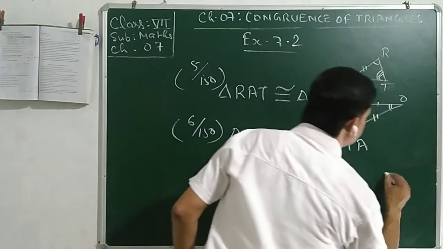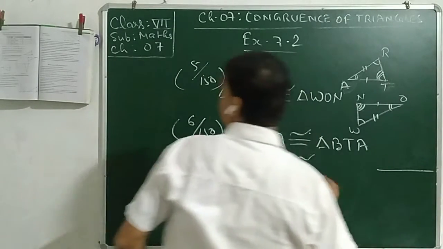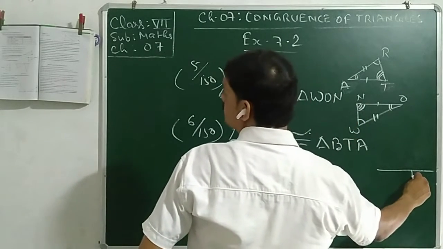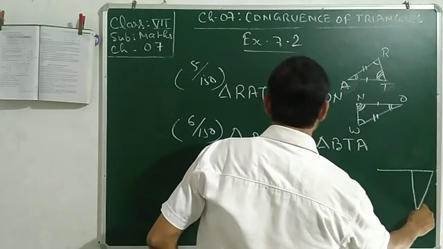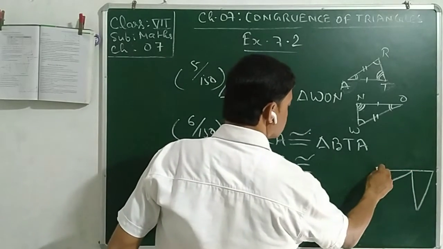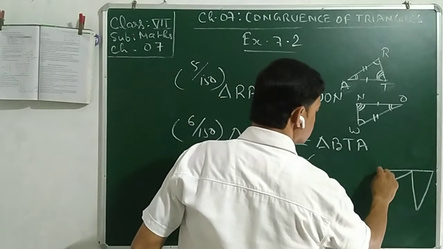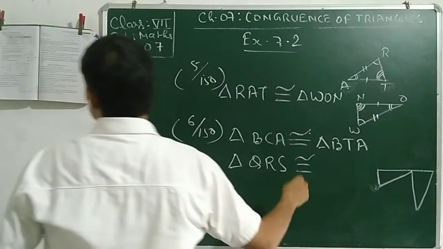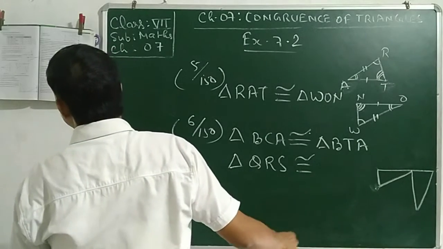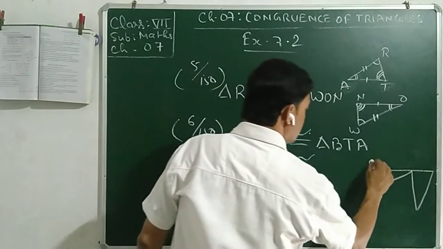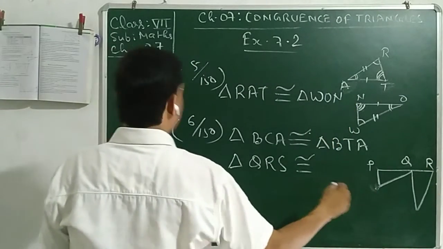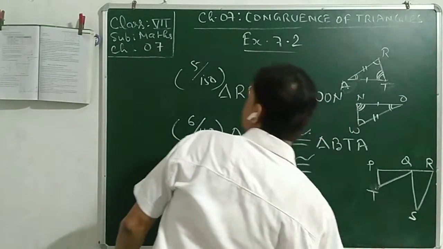Let me draw this figure, otherwise it will be a little bit confusing. P, Q, R is at the top, and T and S is here.